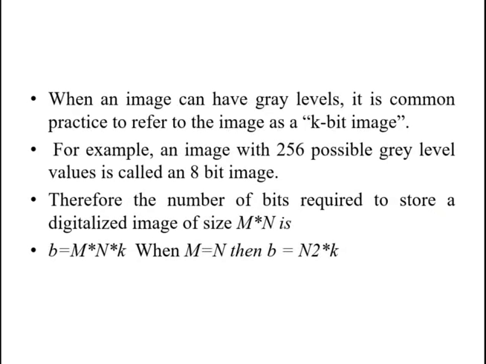The number of intensity levels corresponding to each value of k is shown in parentheses. Note that storage requirements for 8-bit images of size 1024 by 1024 and higher are not insignificant.